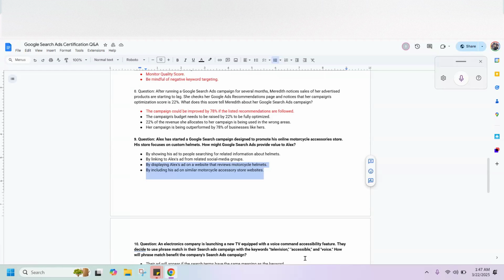No, no, brother, not like that. Someone is searching, and how the search will work for Alex by including this, it's on similar.